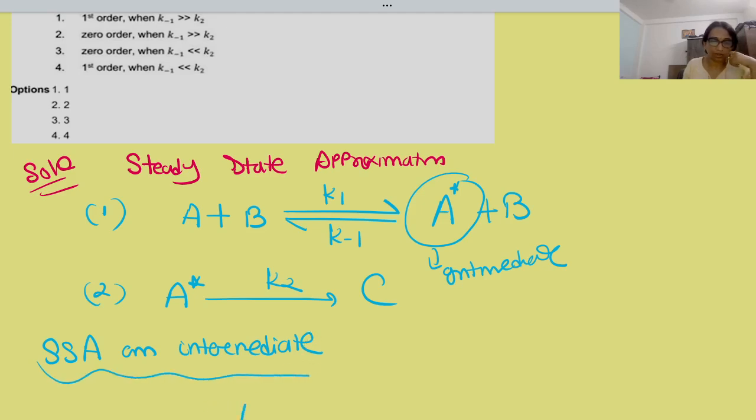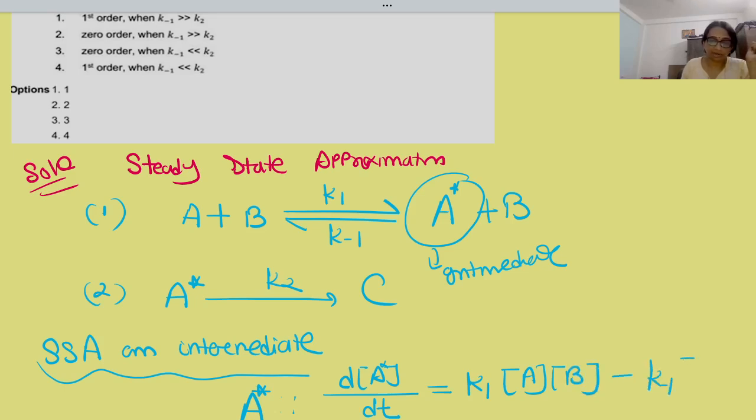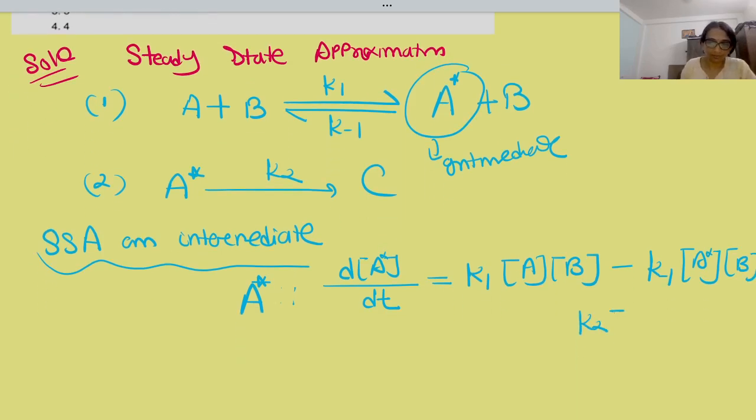We can calculate it on the basis of the concept of reaction kinetics. The concept is that the small change in the concentration of the intermediate, d[A star]/dt, is equal to K1 [A][B] minus K minus 1 [A star][B] minus K2 [A star], and this is equal to 0.